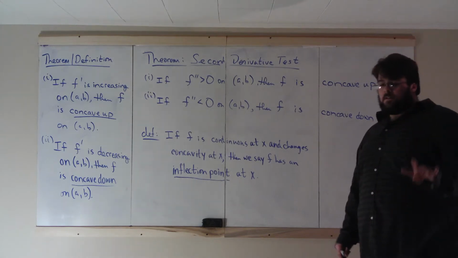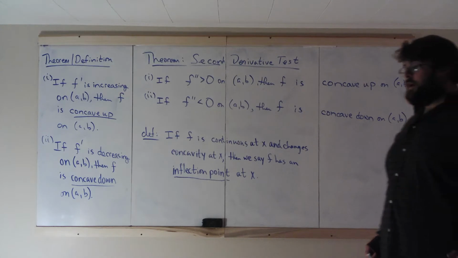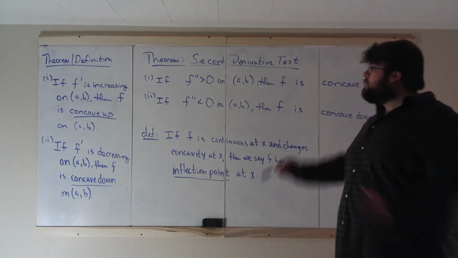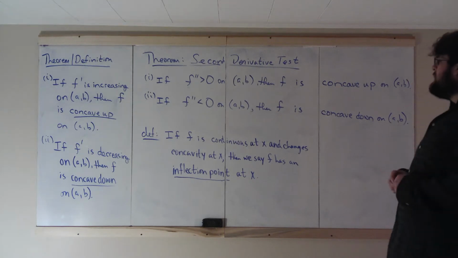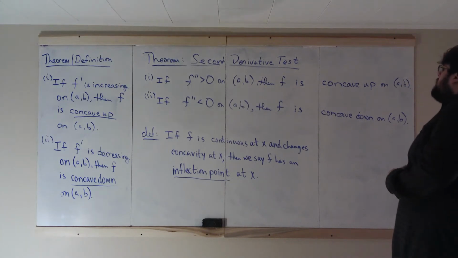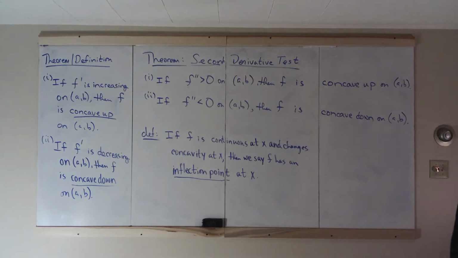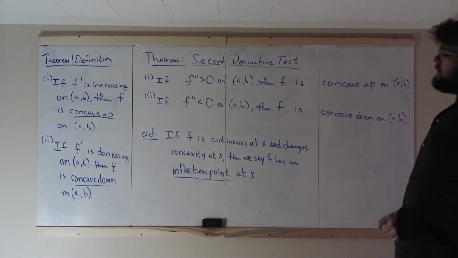We're going to talk about that a little bit more, but first, we have a second derivative test which parallels the first derivative test. And again, all of these results are consequences of the mean value theorem, in particular, that first theorem we wrote in this video. Second derivative test. The first derivative test told us about local maximum, local minimum, and increasing and decreasing.